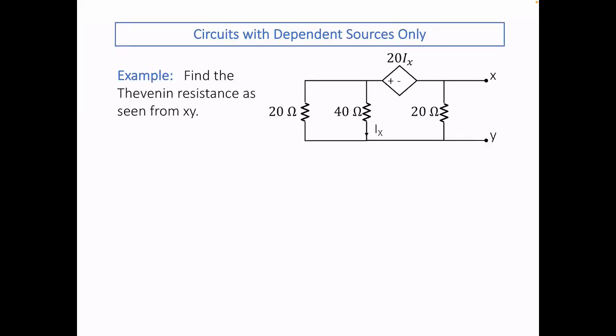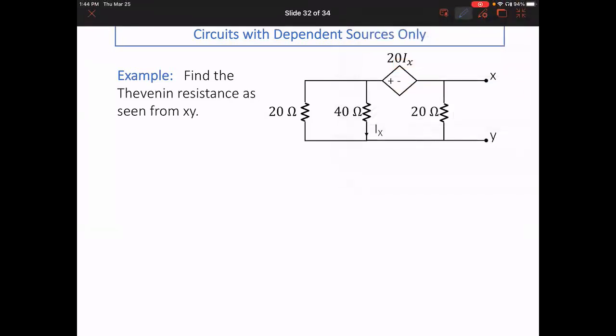So for cases like this, dependent sources only, your open circuit voltage will be equal to 0, and your short circuit current will be equal to 0.